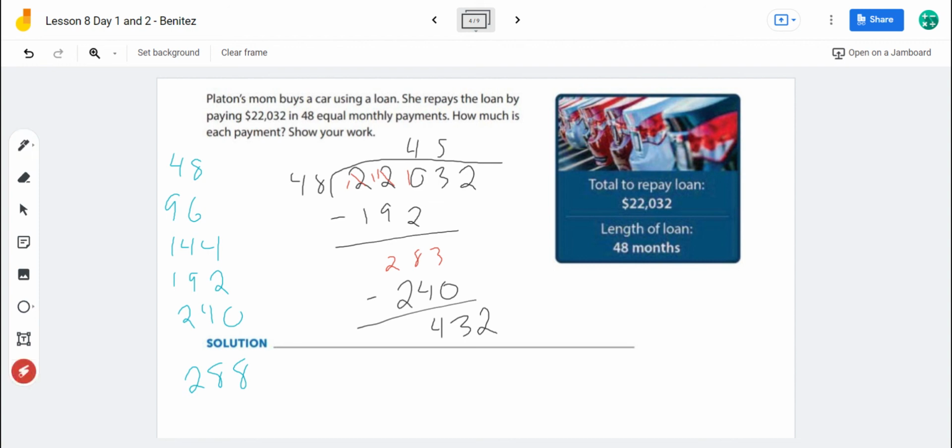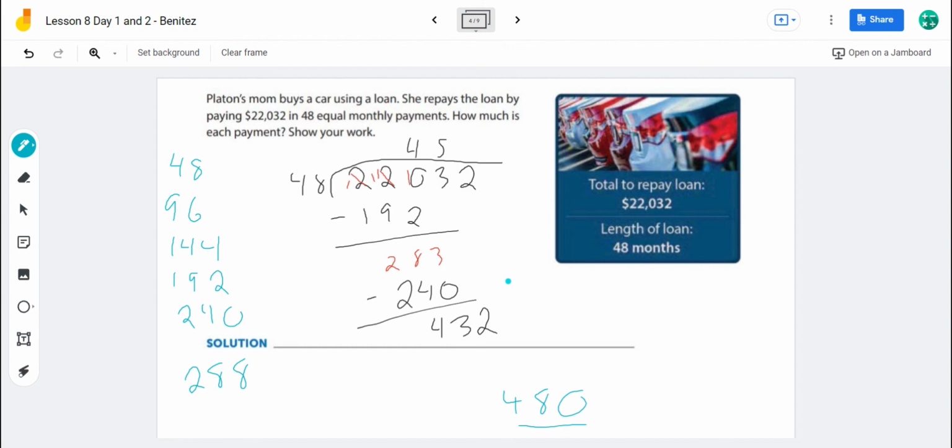Now, just by me knowing, again, this is where your number sense comes into play. So, I know 48 times 10 would be 480, because when you multiply by 10, you just add a 0. So 432 is super close to 480.